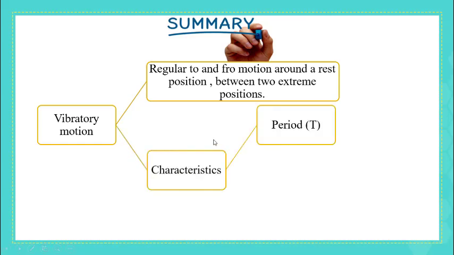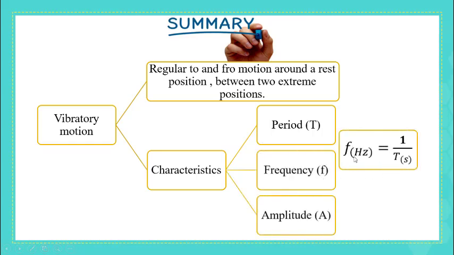It is characterized by its period T, its frequency F, and don't forget that F is equal to 1 divided by T, and also it is characterized by its amplitude A.